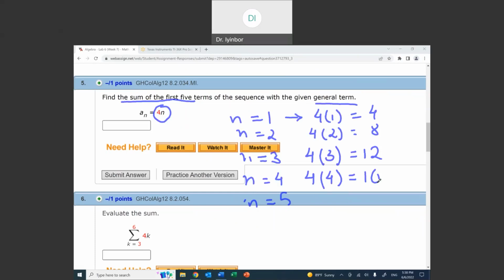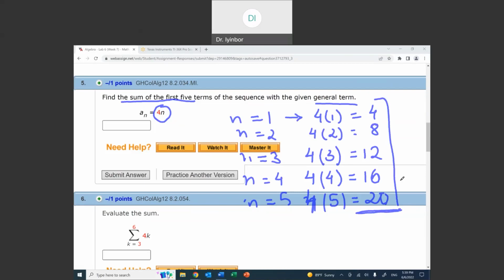I'm sorry, 4 times 5, which is 20. And this is your sequence. This is the actual sequence. 4, 8. So what's happened? You multiply each number from 1 to 5 by whatever is in the formula. Follow the formula. And then all these numbers are your sequence. 4, 8, 12, 16, 20. When you add these 5 numbers, that's going to be the answer.